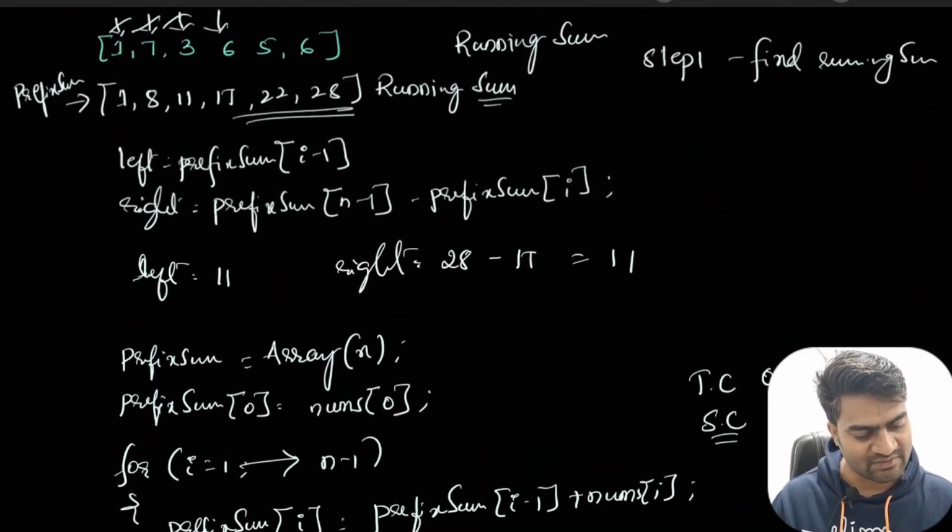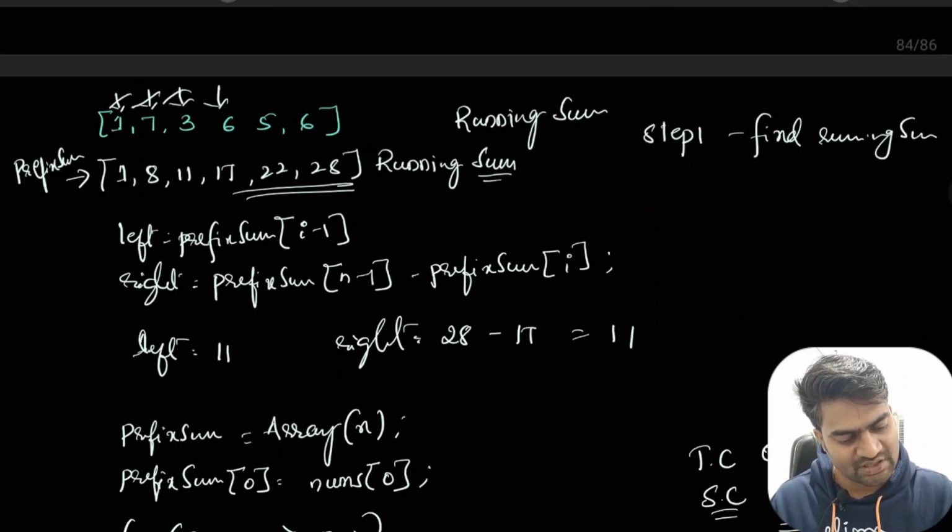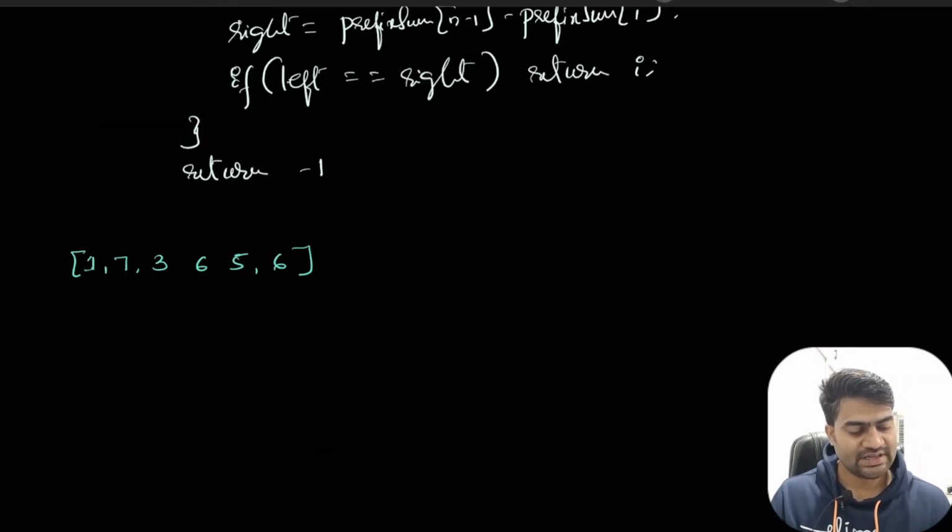So maybe I will copy this. If you take this array, the left sum or the prefix sum, we can compute it while we iterate over the array, correct? How? When I am here, I will take this value as the prefix sum.